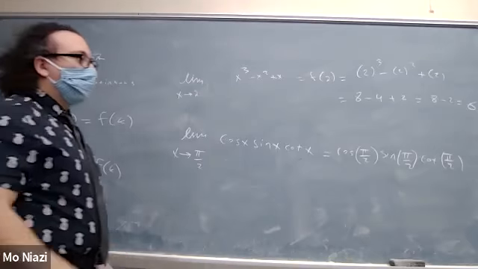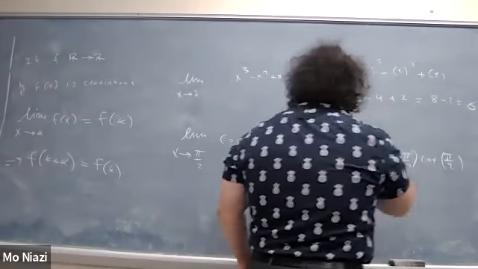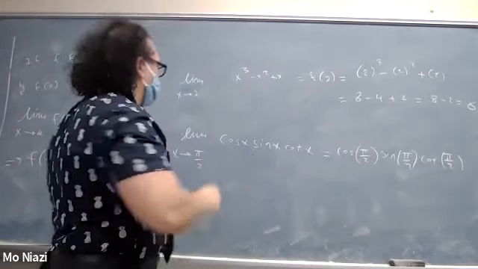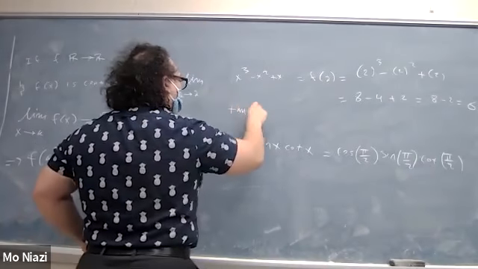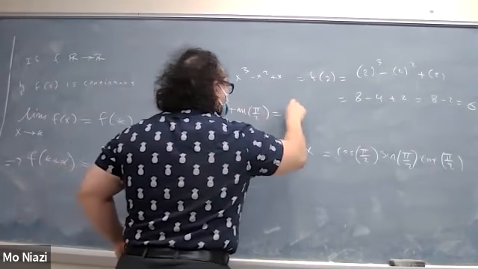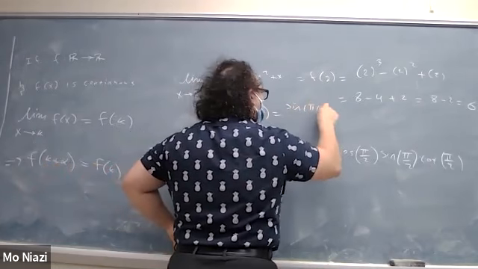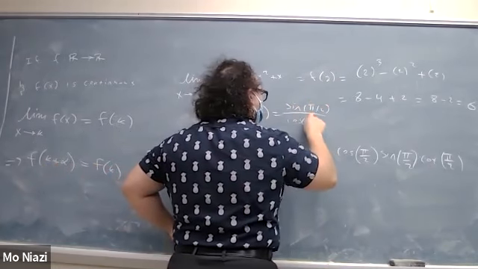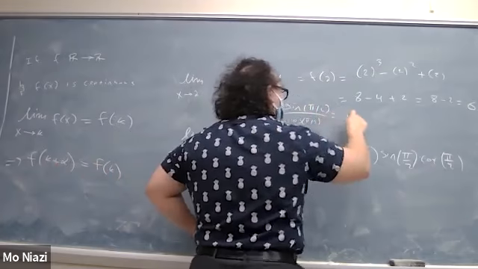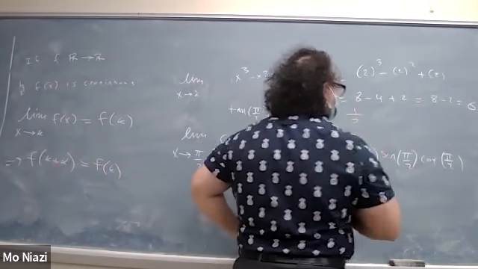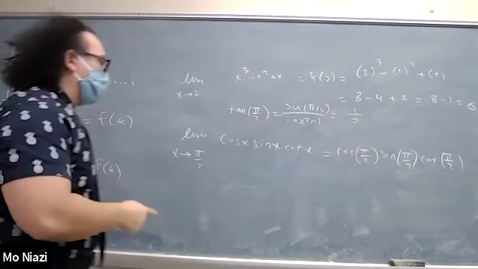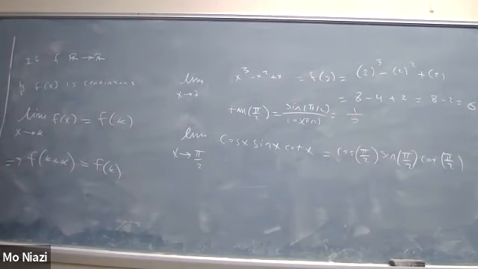Here's why I switched it to cotangent. If it was tangent, tangent of pi over 2 is sine of pi over 2 over cosine of pi over 2. But notice that that's 1 over 0. We're dividing by 0. That's not in the allowable domain of that function.